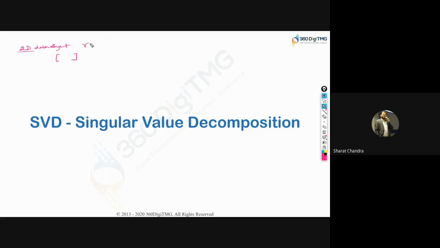That means it will have rows and columns. A vector will have 1-dimensional data. So here you will have 1 row and 2 columns, if I say 1 comma 2. 1 row, 2 columns, so the dimension of this matrix is represented as 1 by 2, row by column.